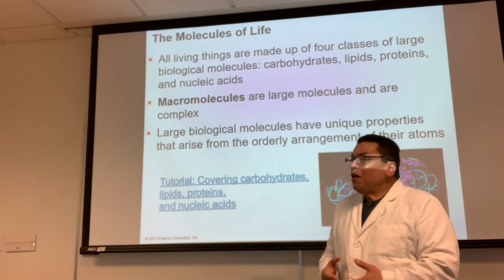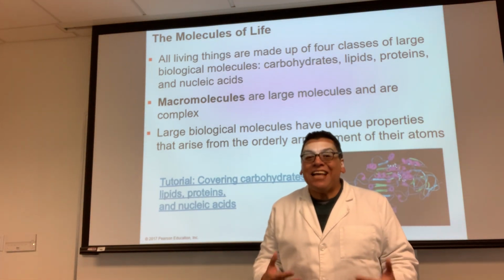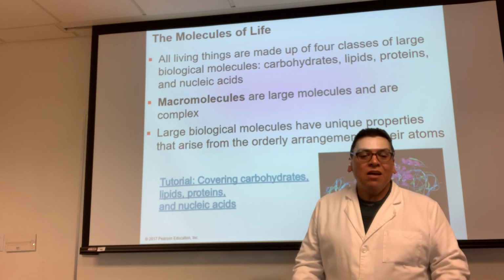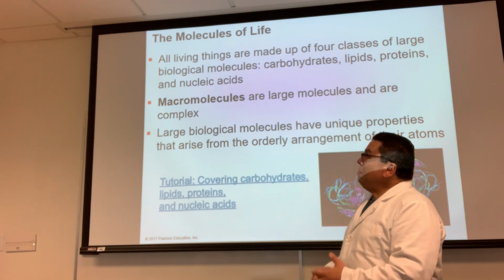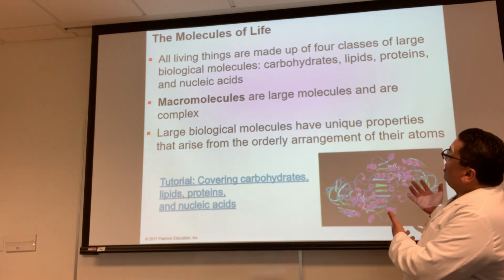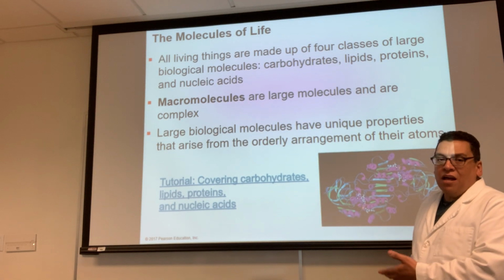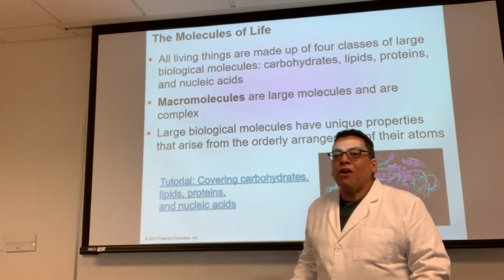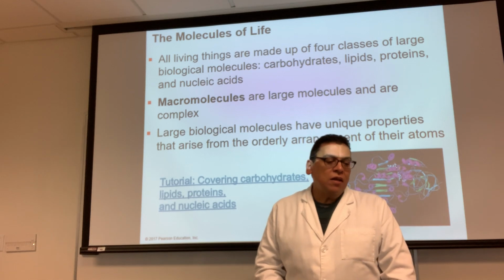For example, the monomer of carbohydrate is called a monosaccharide, and you'll see that on the screen real soon. A single sugar, monosaccharide. The monomer of nucleic acids is called a nucleotide, and you'll see that on the screen. The monomer of proteins are your amino acids, the 20 of them.